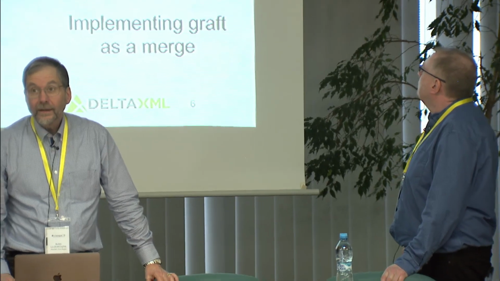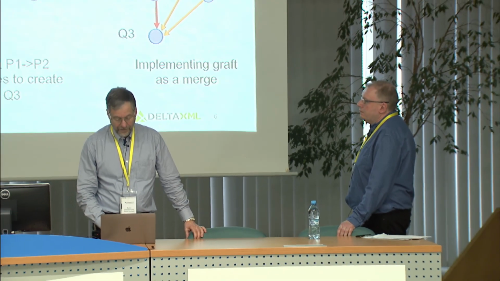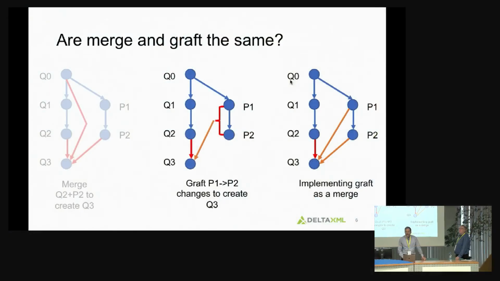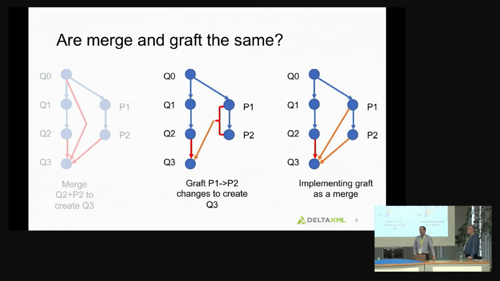So of course the merge will probably not work in that case, because P1 is not a common ancestor for Q3 and P2, right? So maybe that's basically why the merge does not work in the case that you presented, because you do not have the common ancestor. Q0 should be the common ancestor, right?